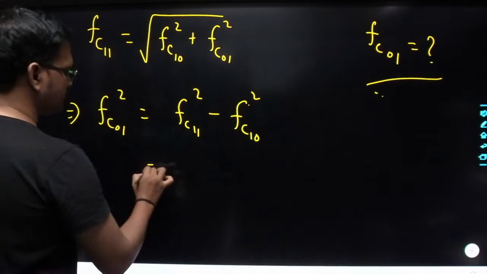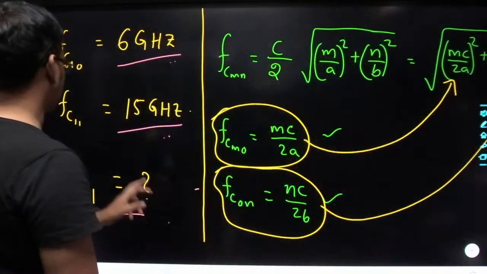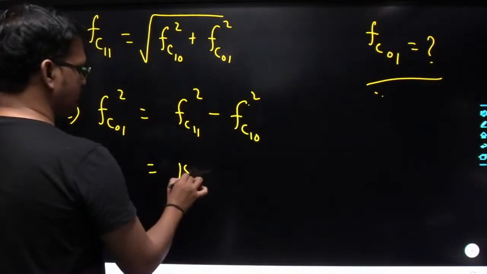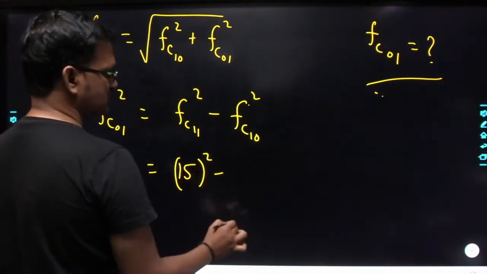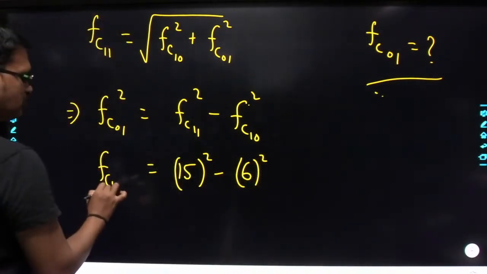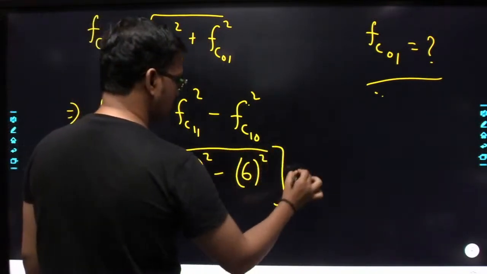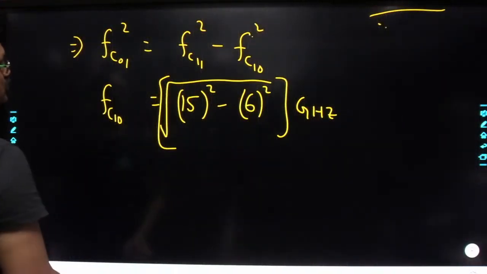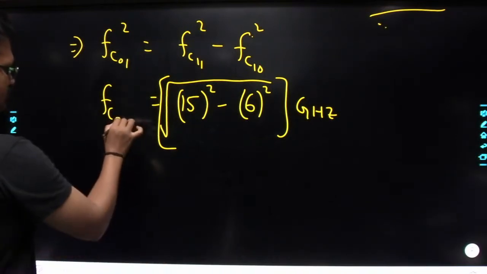So what is FC11 square here? Tell me. So FC11 square is nothing but 15 gigahertz whole square. So that is 15 square minus what? FC10 is 6 gigahertz. So that is 6 square. So FC01 is nothing but square root of this one, multiplied by gigahertz.